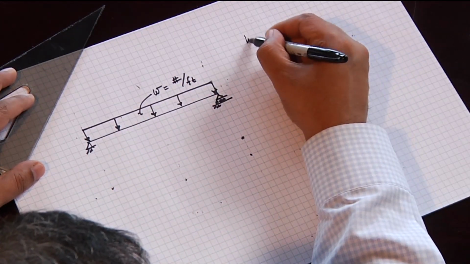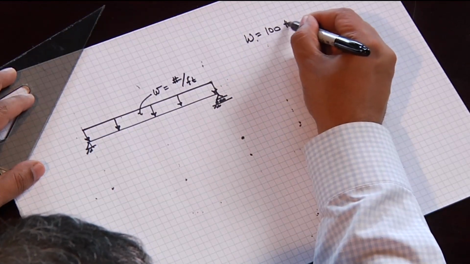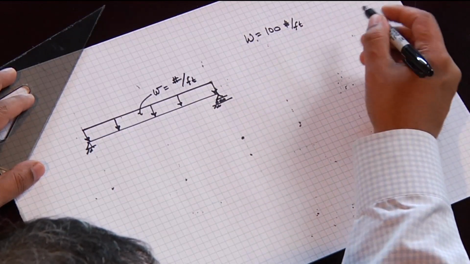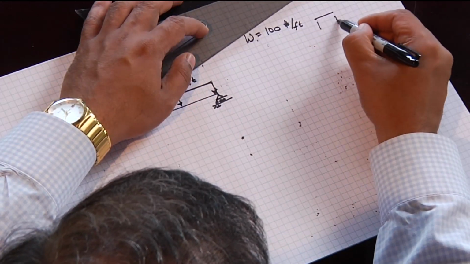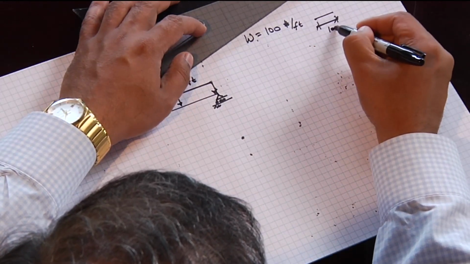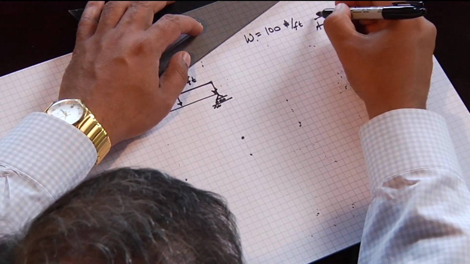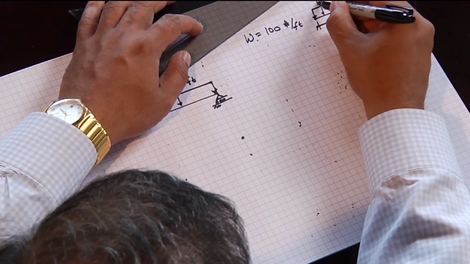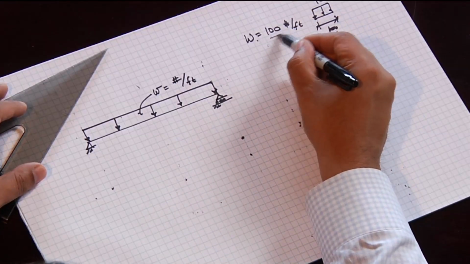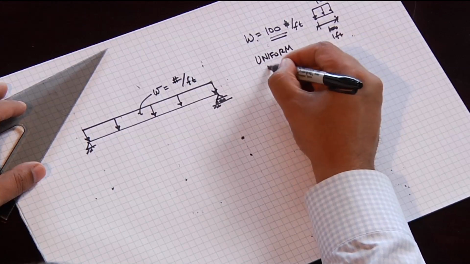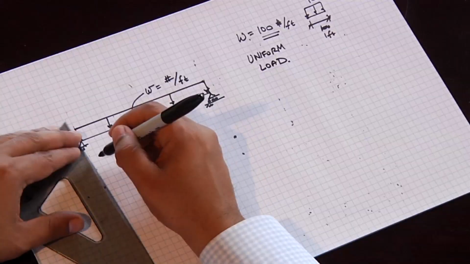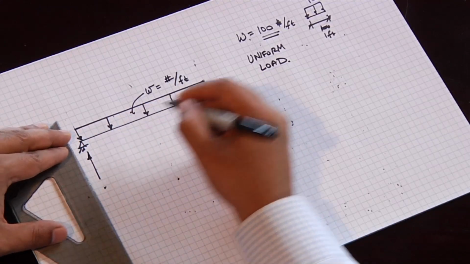So for example, if my W is 100 pounds per foot, what does that mean? That means that for every foot of distance, I have 100 pounds. This is a uniformly distributed load, called a uniform load.